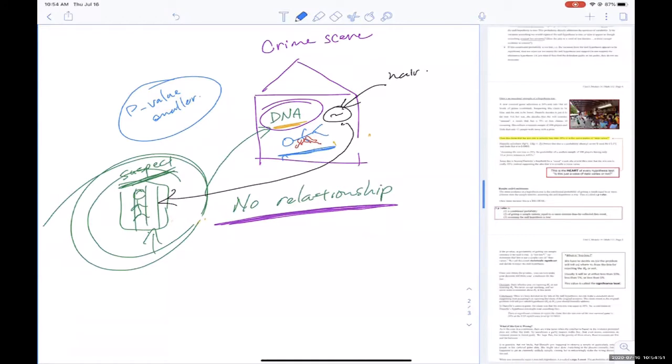of his crime. But now let's make this different.